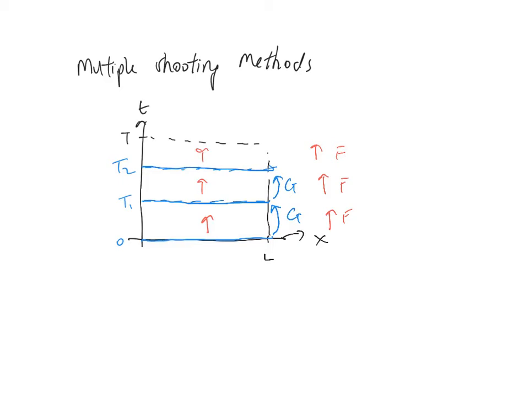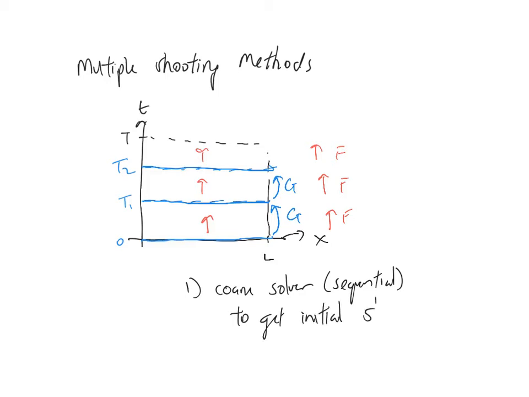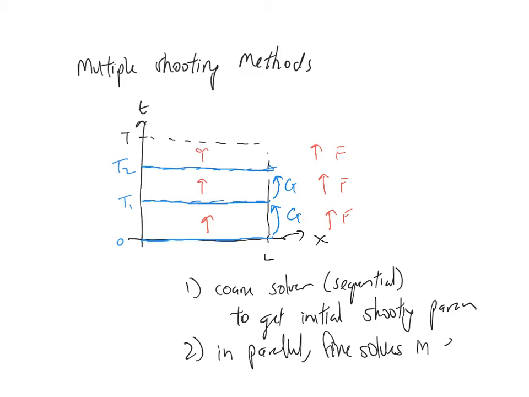So let me put this in words here. We take the coarse solver, which is sequential, to get initial shooting parameters. And then in parallel, we do our fine solves, or a fine propagator, in each time block.